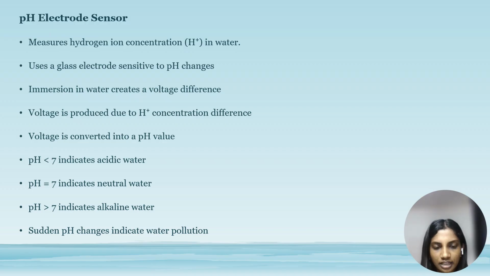So this voltage is then converted into a pH value. Then a pH value below 7 indicates acidic water. If the pH is equal to 7 it is neutral and pH greater than 7 is alkaline. So importantly, sudden changes in pH are a strong indicator of water pollution.